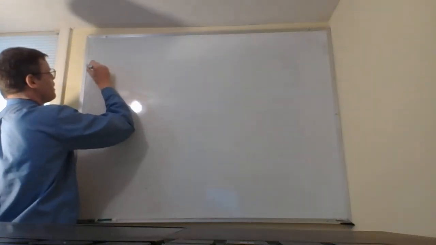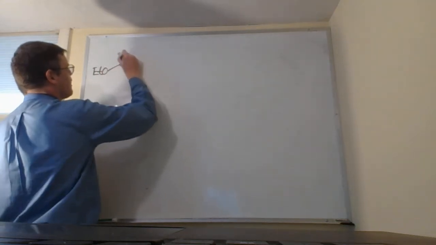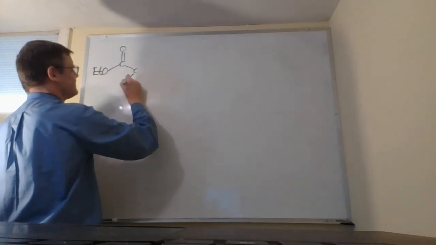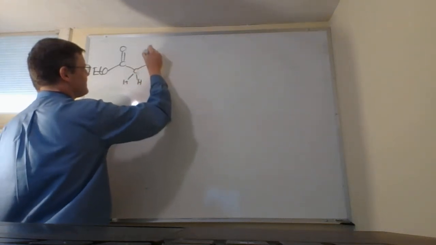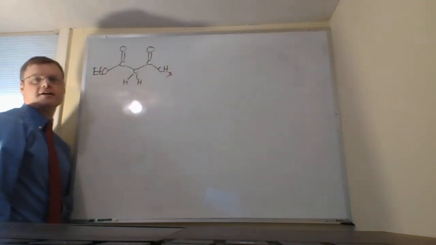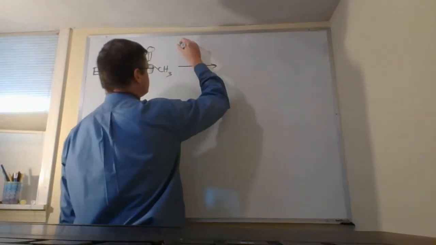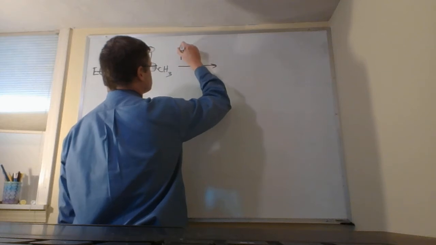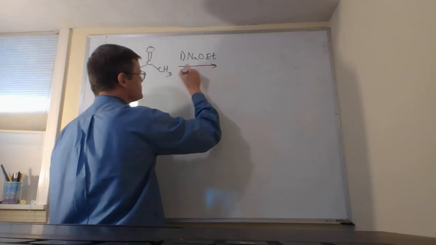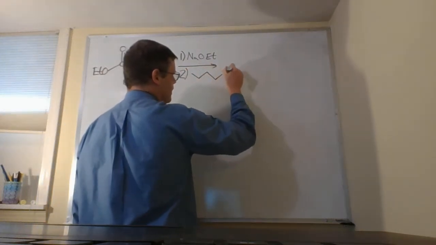All right, so I'm going to start out here with my acetoacetic ester. Such a funny name. Okay, so there's my acetoacetic ester. I'm only going to alkylate it once. So I'm going to use sodium methoxide, which would be the first step. I'm going to alkylate it, maybe with a 4-carbon alkyl bromide.